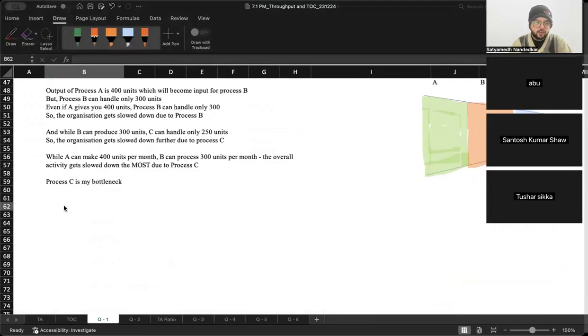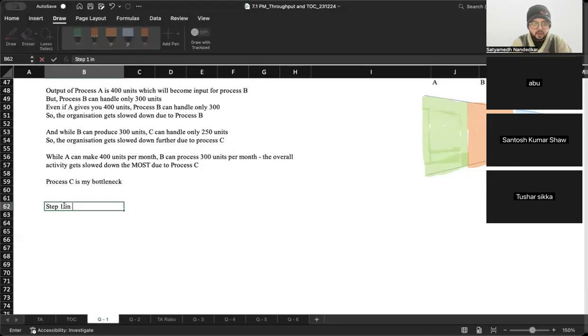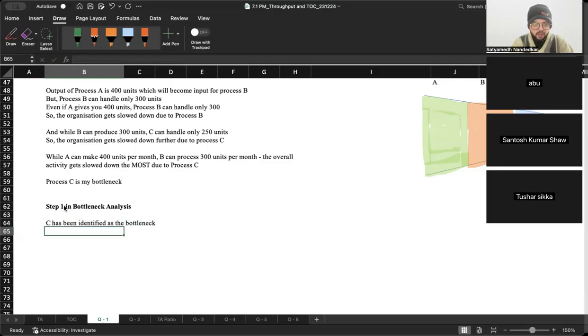I wouldn't call it option 1. I would call it step 1. Step 1 in bottleneck analysis. C has been identified as the bottleneck.